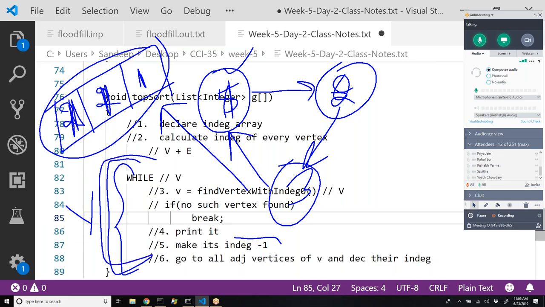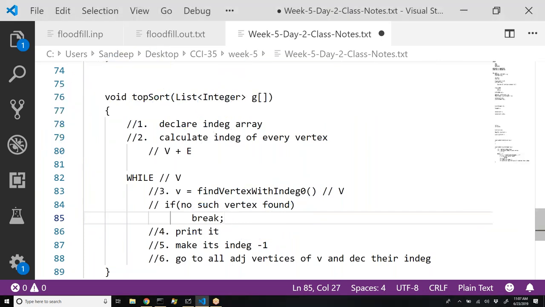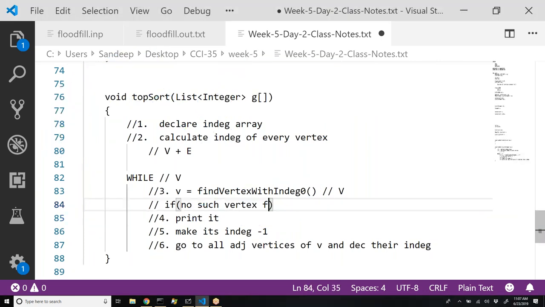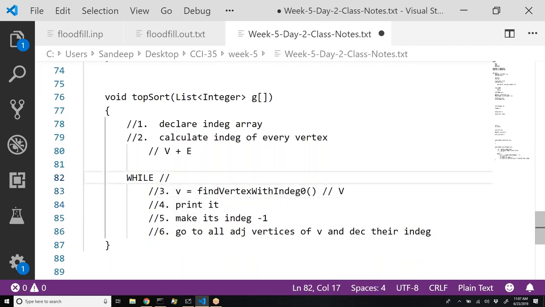Ideally, this loop should print all the vertices of the graph. If it does not, somewhere it finds this kind of situation, it will never get a vertex and it will break out of the loop. We will come to that cycle detection once again, but for now, in today's context, we are giving a valid graph, which is a directed acyclic graph.